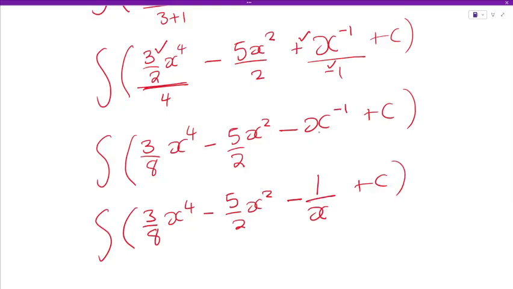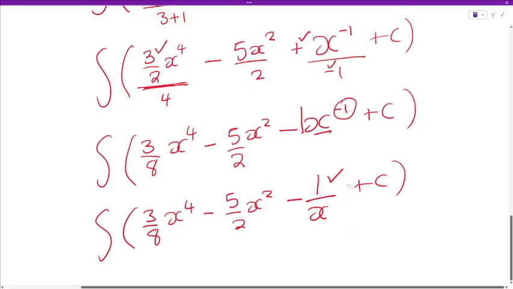Remember we said the x goes down, so since there is no visible coefficient, remember the coefficient of x here is a 1, so that's the one you are seeing down here. The x goes down and its power becomes a positive. Okay, it's supposed to be positive 1 there, but we said when the power of a value is 1, you don't write it. So that is what we're going to have as our final answer right there.